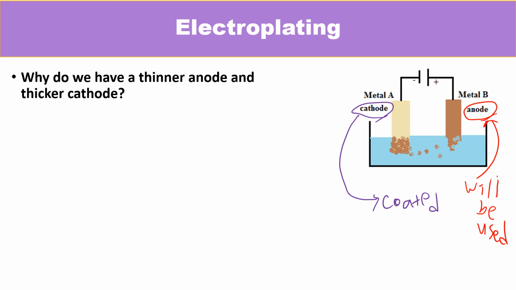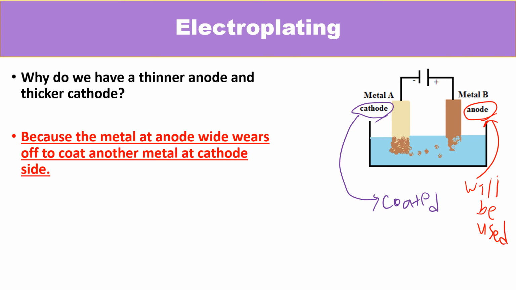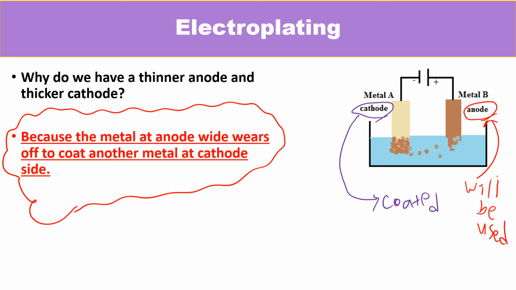So I just need to put the anode as gold if you want to do gold plating or silver plating. Because the metal at the anode wears off to coat another metal at the cathode side. I'd like to go through and actually demonstrate this to you, hopefully, when you guys come back from online.